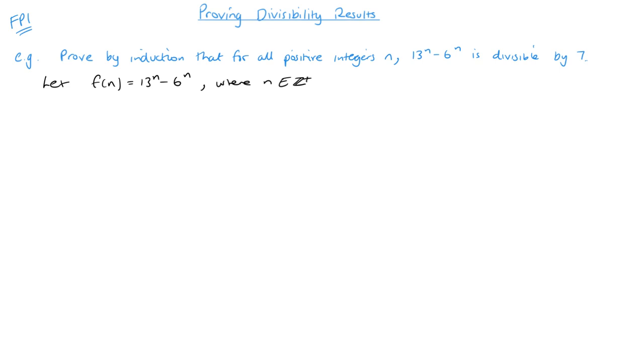And then the first step is when n is 1. So we're substituting 1 in for n, so f of 1 will give me 13 to the power 1 minus 6 to the power 1, which is 13 minus 6, which is 7, which is divisible by 7, isn't it?